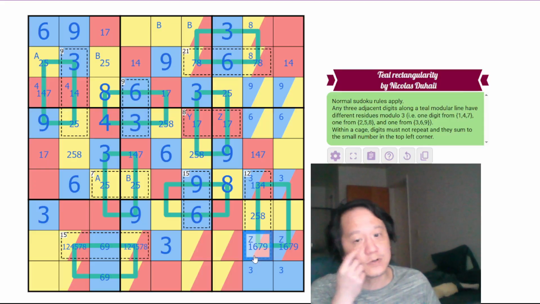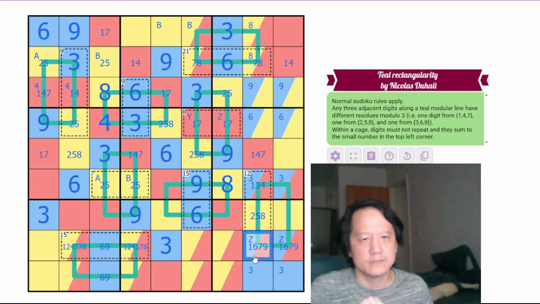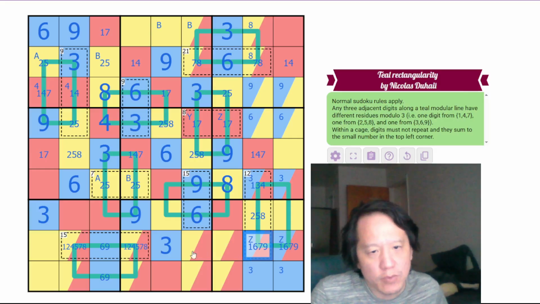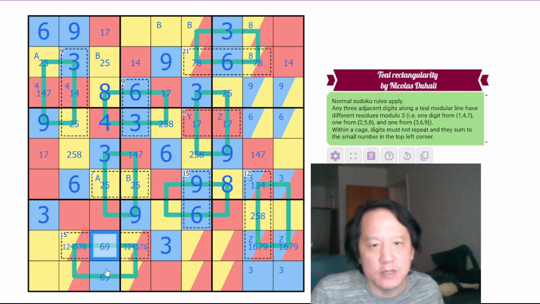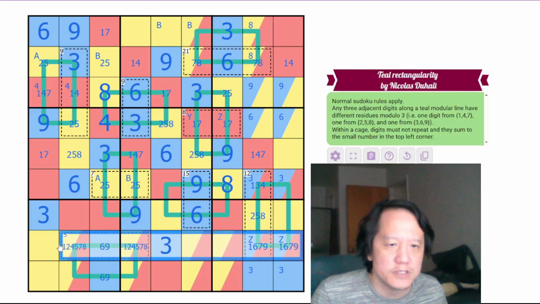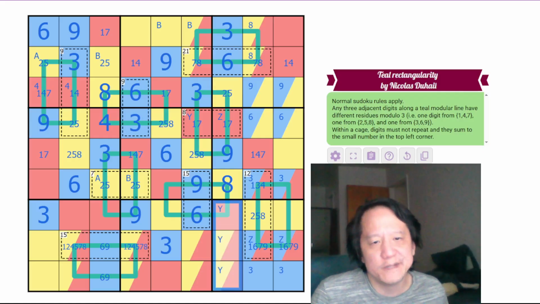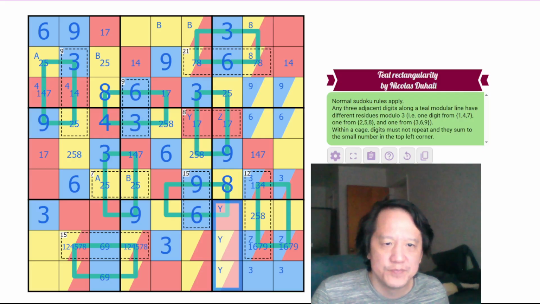Any of those work. So this cannot be Z, or Z is red. So Y is one of these 3. That's not too helpful.